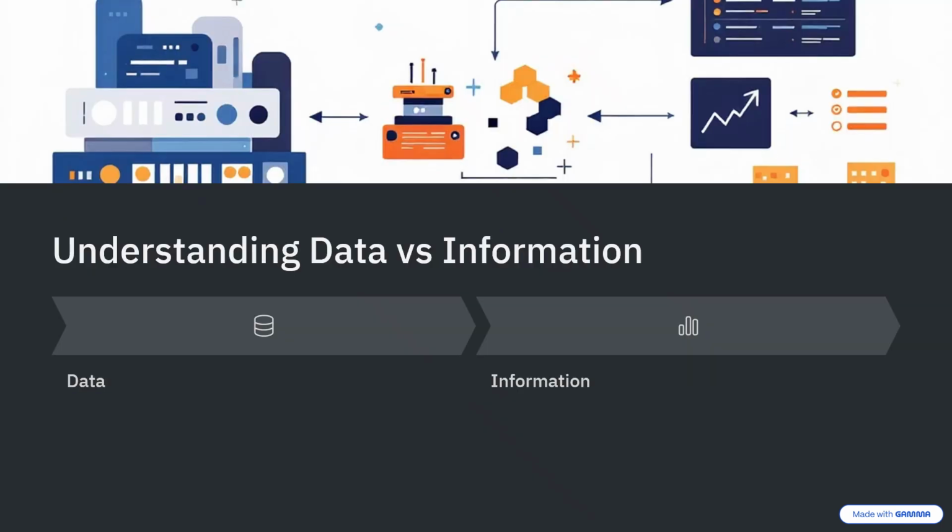In the next slide, we go through understanding data and information. So what is data and what is information? Data are the raw facts which are required to be processed. In other words, the unprocessed items we can call data. Once again, data are the raw facts which are required to be processed.